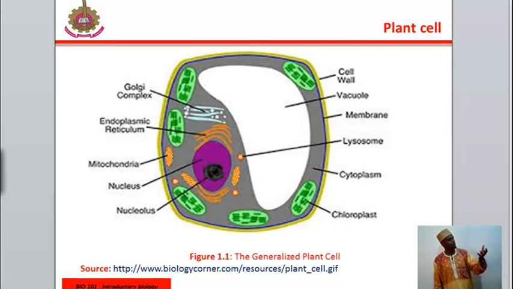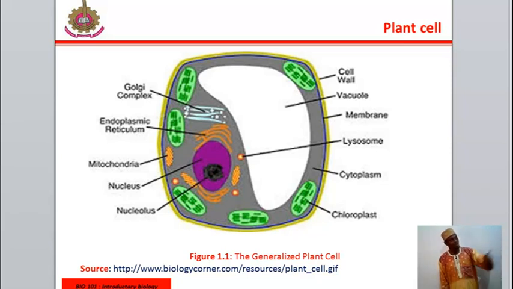This is the typical structure of a plant cell. If you look at it, the outermost layer of this cell, that is the first part of the cell, is the cell wall. The cell wall is the boundary, like a fence that surrounds a house, which regulates the movement of materials into the cell and outside the cell.